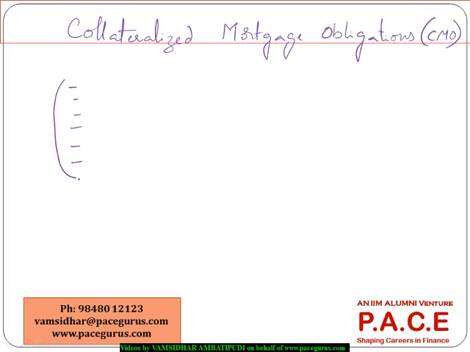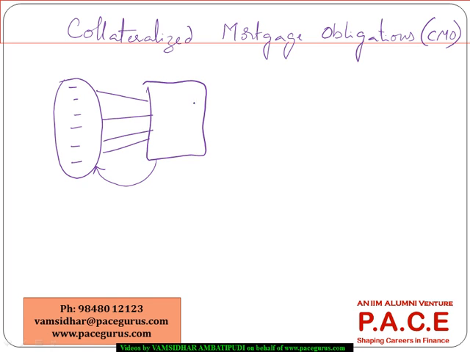Loans are sold off to a third party. The third party purchases the loans, pays the cash, and issues securities. If it issues the securities in a general form where the cash flows flow straight through, that's a typical regular mortgage pass-through security.